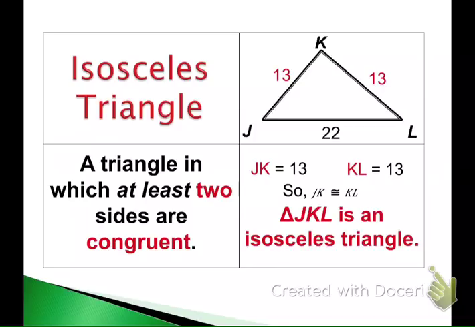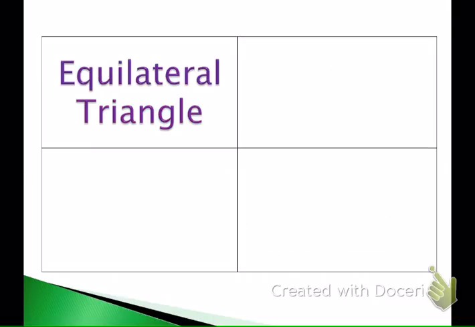Do you guys still need a little more time there? Okay. So let's take a look at the last one, classification by sides. We said if it has 2 or 3 sides congruent, it's isosceles. When it has all 3 sides congruent, that's an equilateral triangle. Equa meaning equal, lateral meaning side to side, so equal sides.